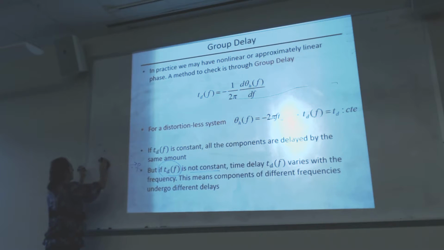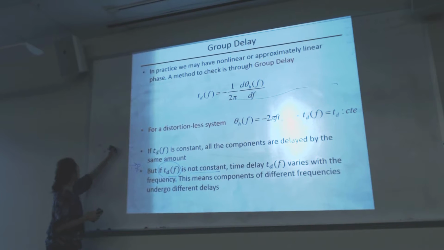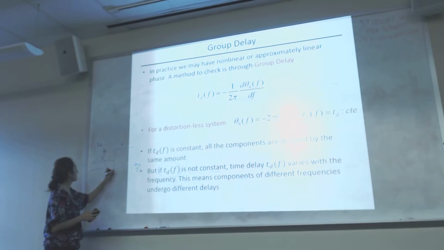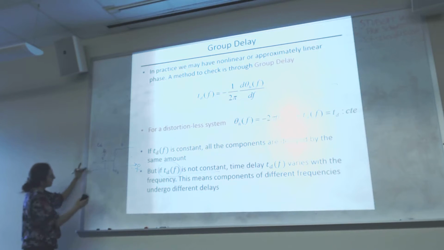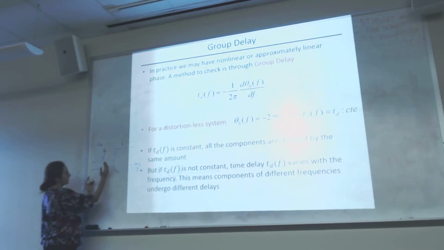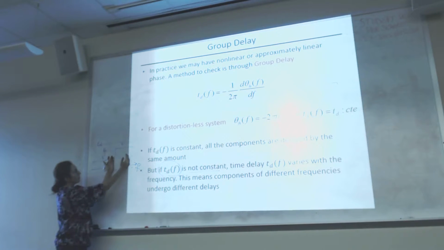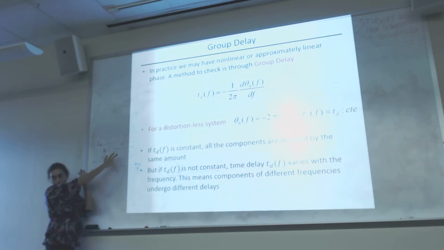But if you had something like that, for the simplest case, this is 1, and this is 10 hertz. What it says is, if you apply a signal whose frequency is less than 10 hertz, the delay is 1. If your signal has a component which is more than 10 hertz, the delay is 2.